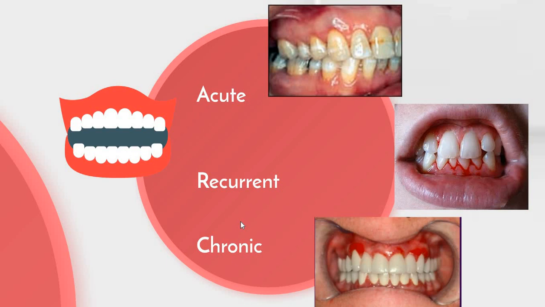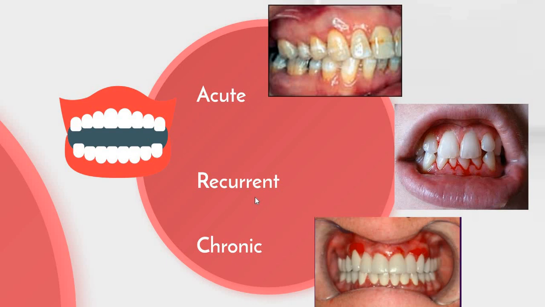But a less severe form of acute gingivitis has been termed subacute. Sometimes you find that there is pain, but not so severe. So in these cases, we may use the term subacute gingivitis.